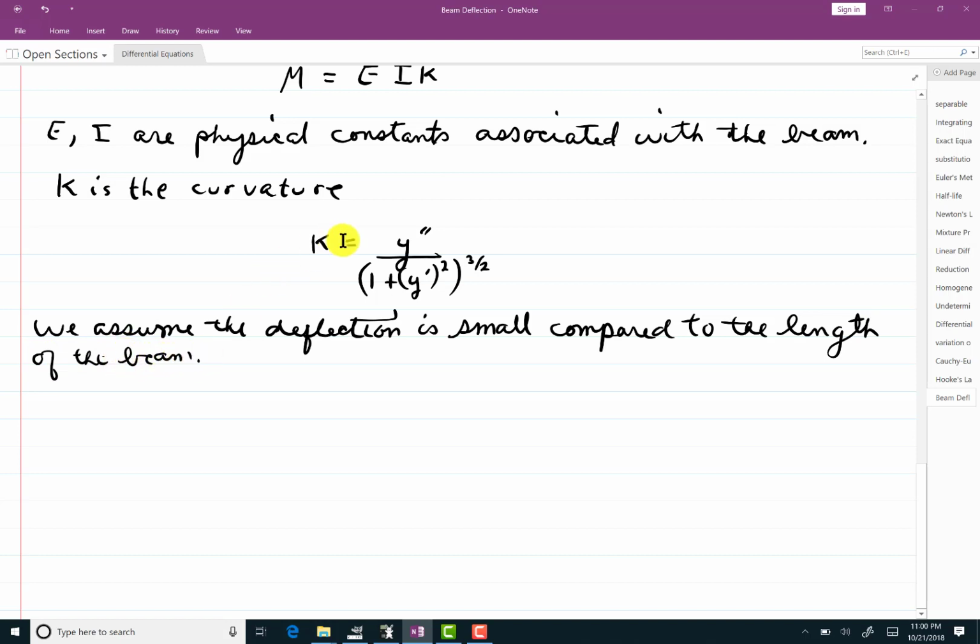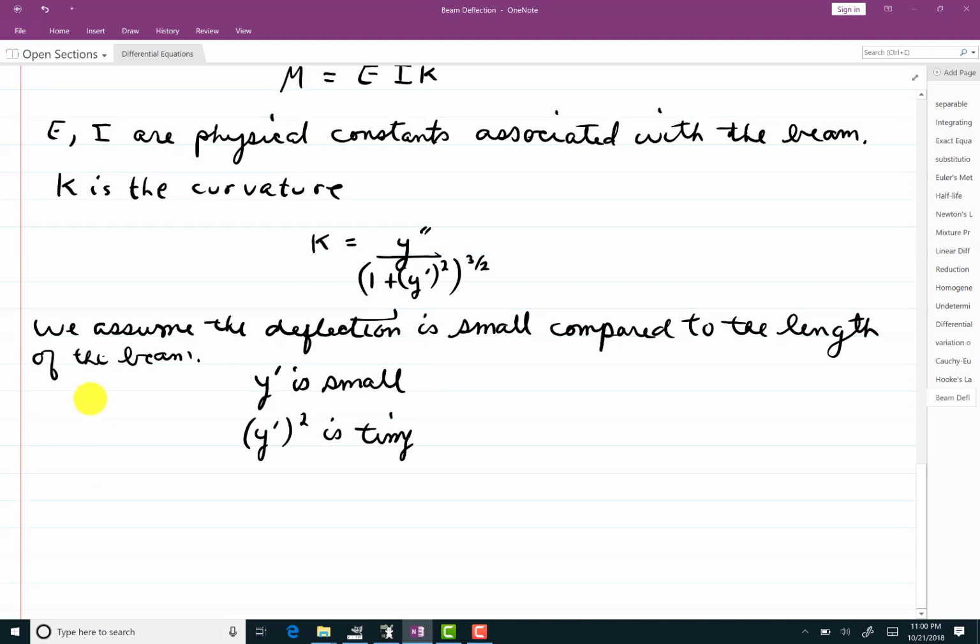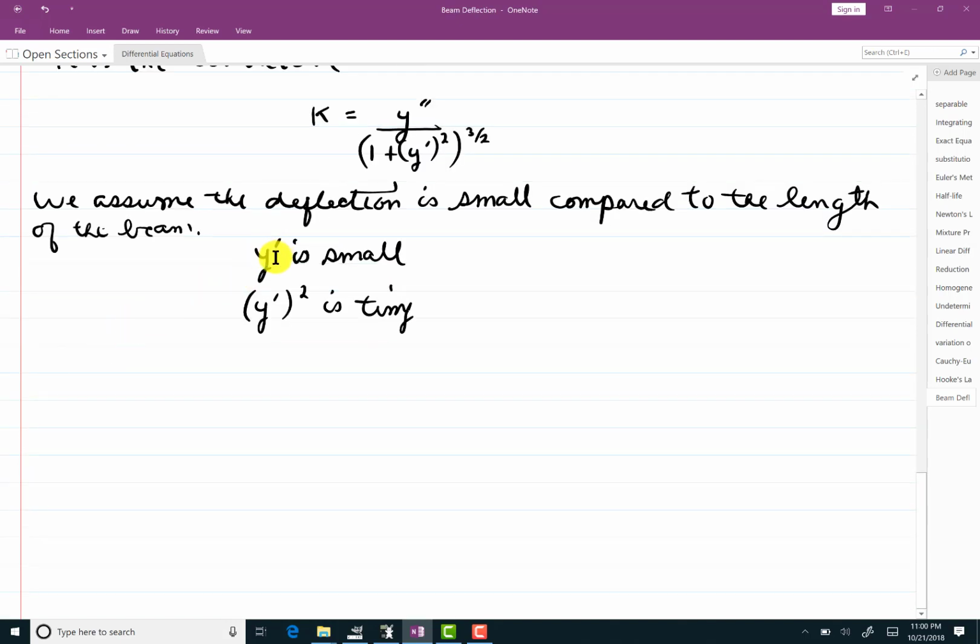In fact, we are going to assume that y prime is very small. So we assume y prime is small, which means that y prime squared is tiny, if that makes sense. If, say, the slope is 1/10, then this right here will be 1/100th. Well, you get the idea.